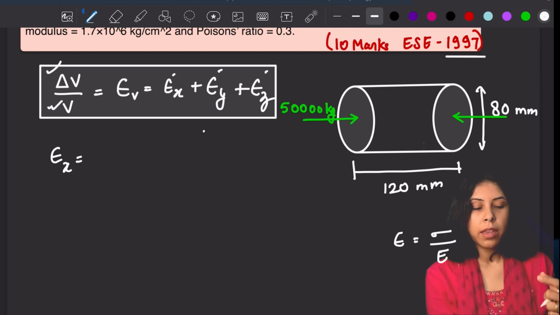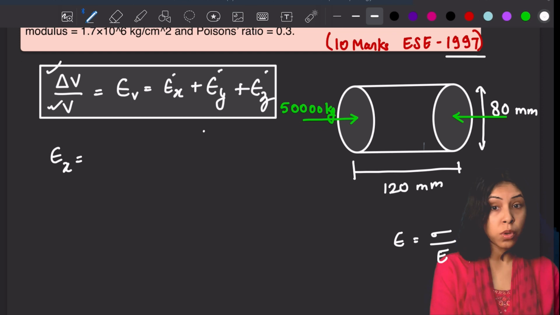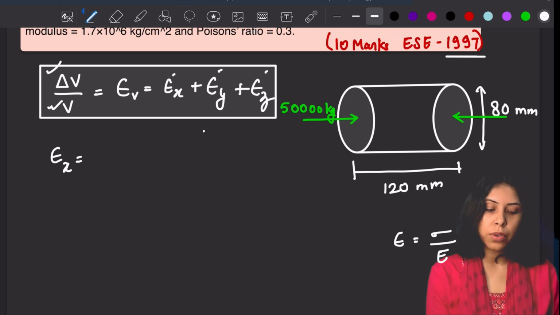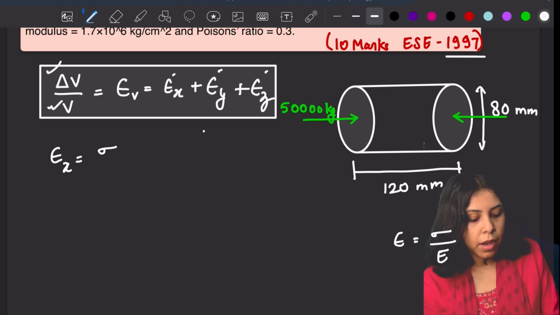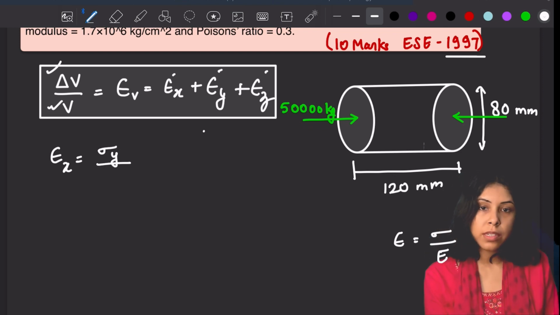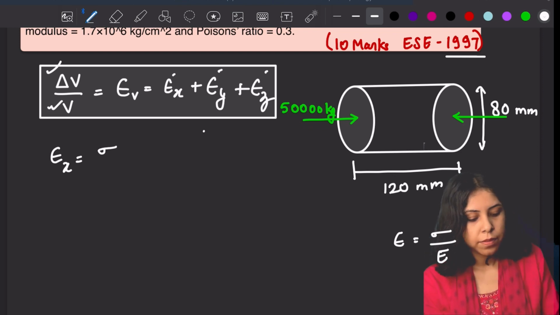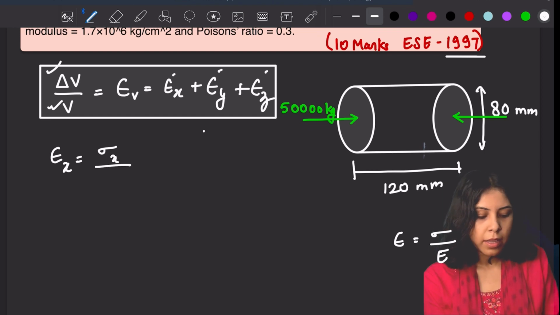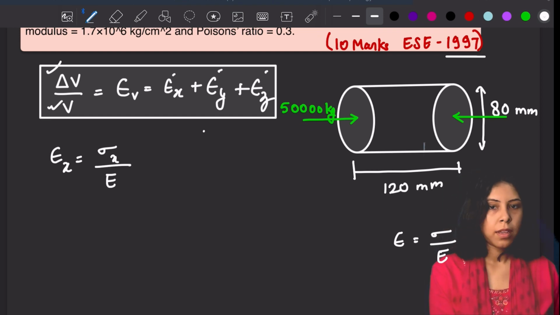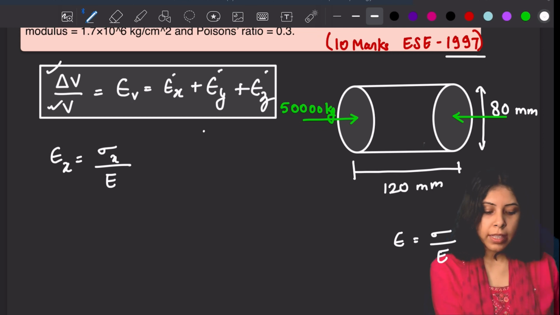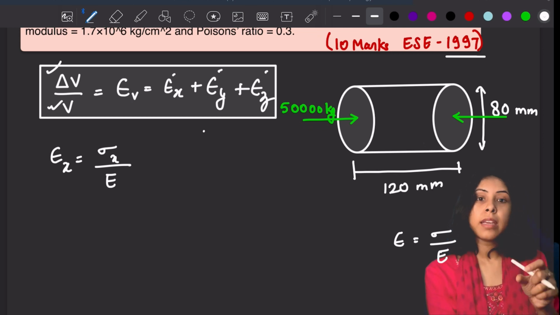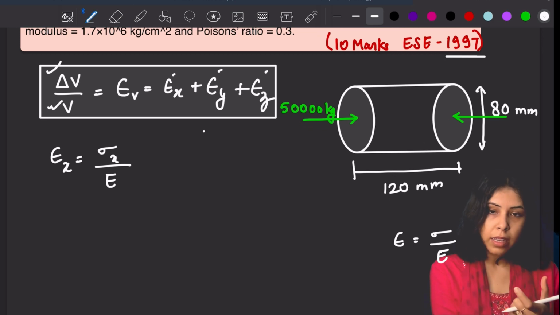If I want to calculate the strain in the x-axis, that will be sigma x, the stress in the x-axis, divided by modulus of elasticity. But do we really think that there will not be any stress in the y-axis and z-axis?